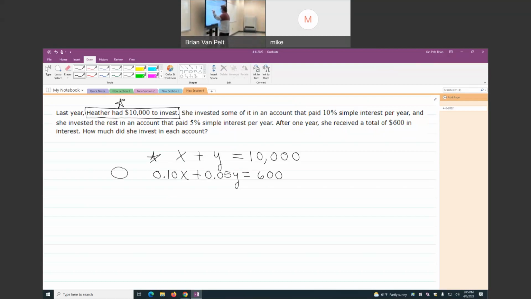Now the second equation I will call smiley face. Where did it come from? There's a lot of stuff in it. An accountant paid, I'm getting it from this, and then this. Those three pieces together make up that second equation.